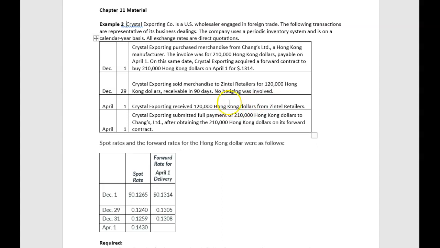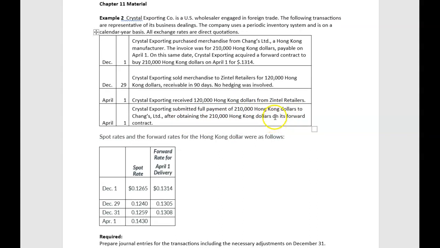They received on April 1st the 120,000 Hong Kong dollars. We'll look at the table down below in a second. And then on April 1st, they also pay off their 210,000 Hong Kong dollars owed for the purchases they made, and also settle up the forward contract.